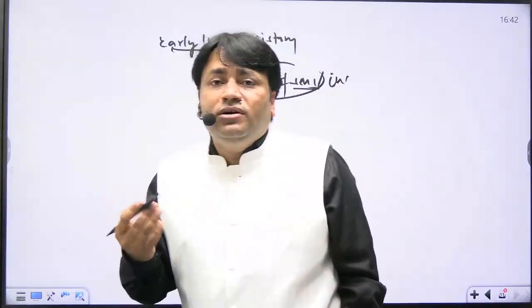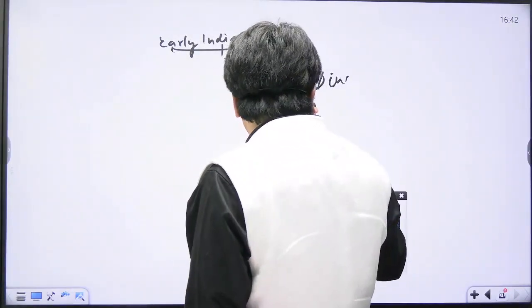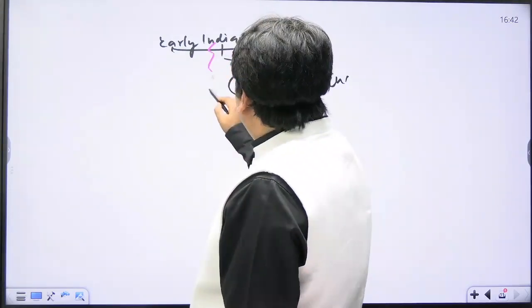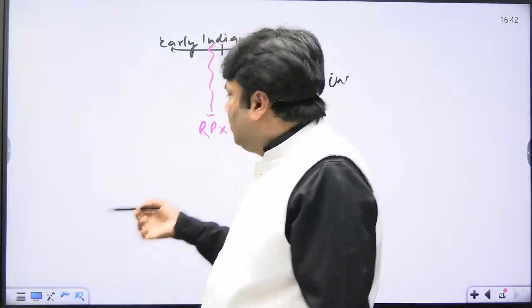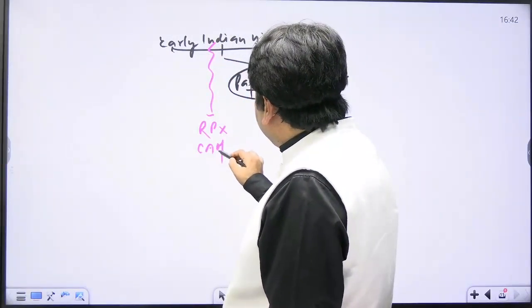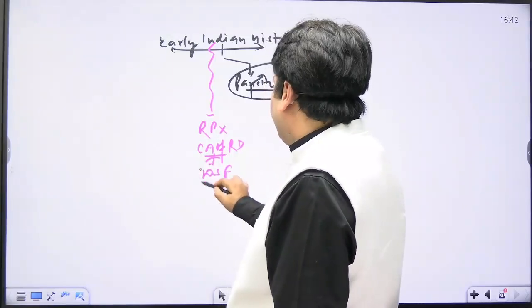This was one of the major challenges. And how should we consider this early Indian history? Should it be considered on the basis of religious periodization? No. Is it only the chronological account of ruling dynasties? No. So we need to understand the wide social formations.